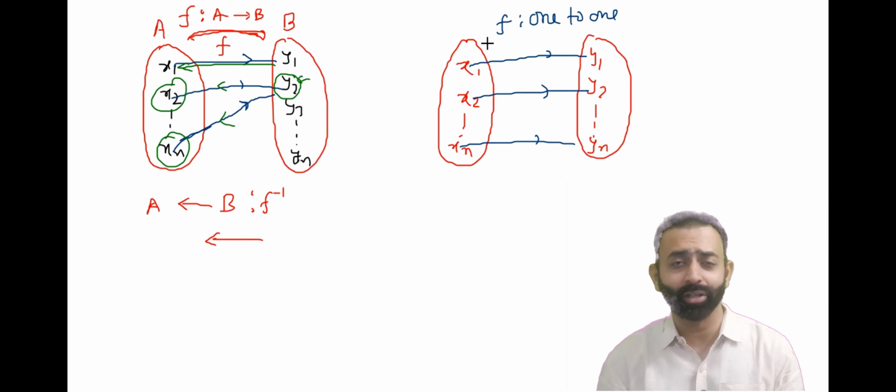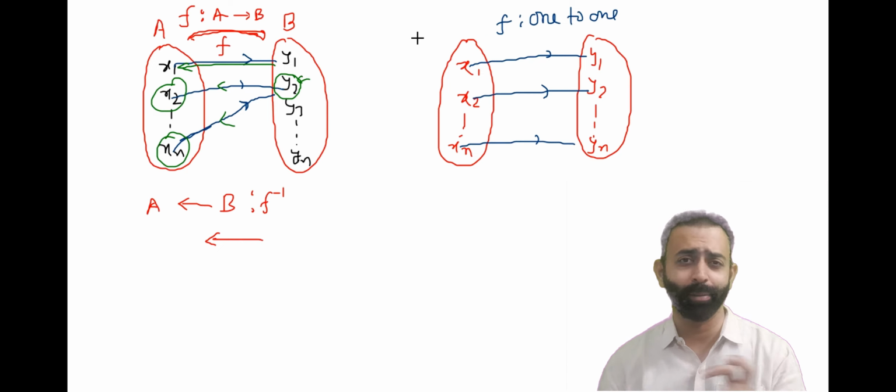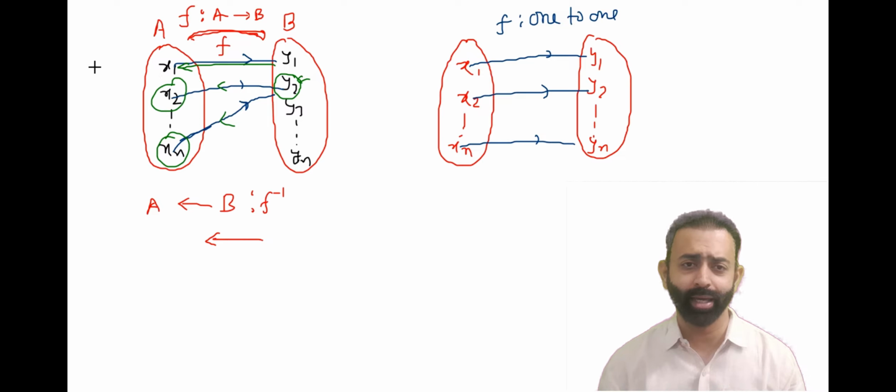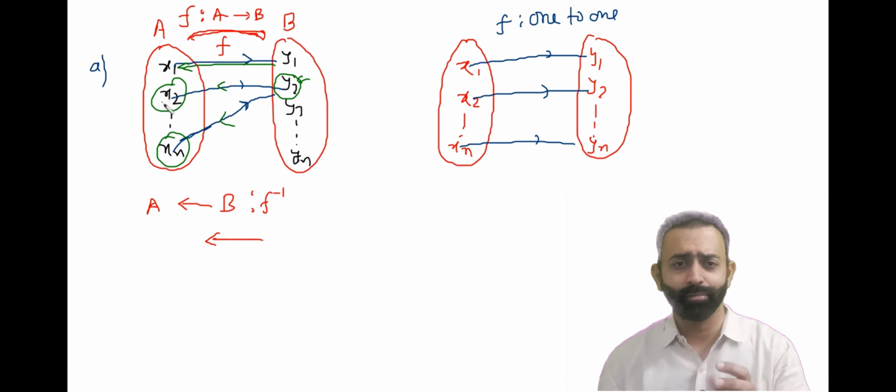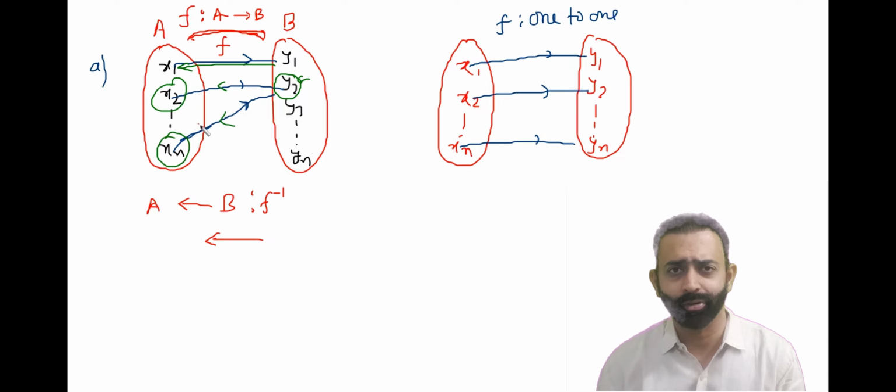Otherwise, as we know, for a function many-to-one mapping is allowed, right? As you can see from diagram A, this f satisfies the condition that many-to-one is allowed for a function.